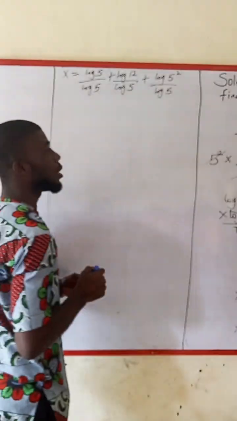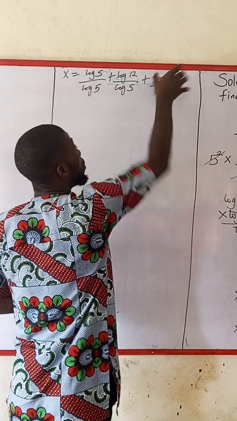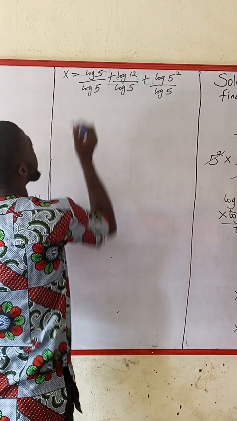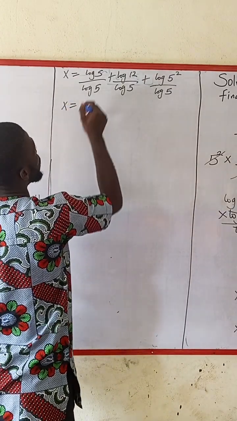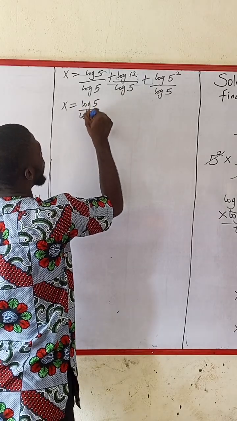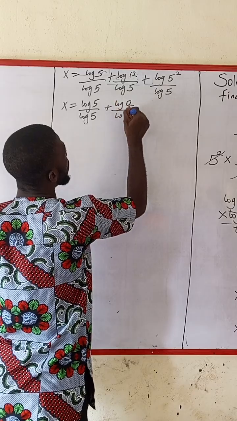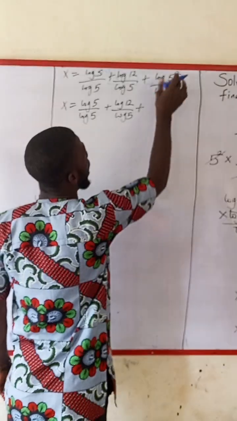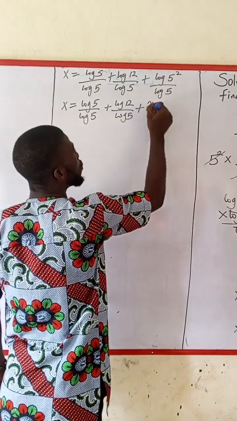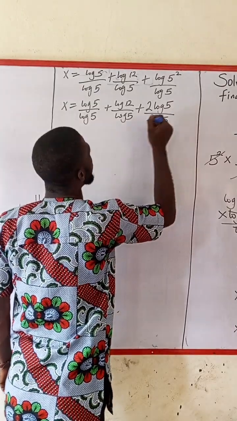Also remember from the laws of indices, this is the power rule. So I can also express this part: s is equal to log 5 over log 5 plus log 12 over log 5 plus, using the power rule, this becomes 2 log 5 over log 5.